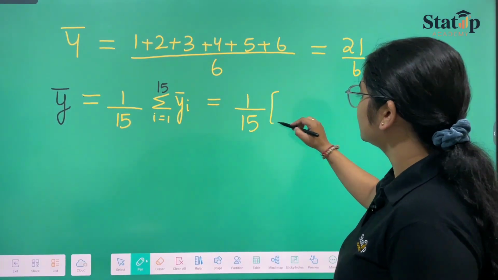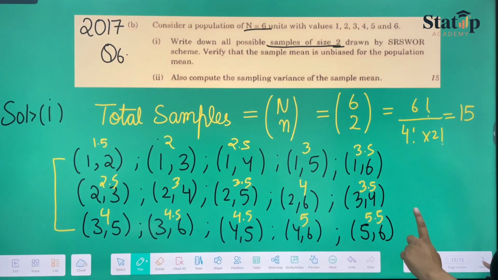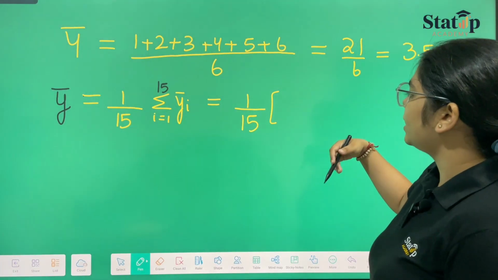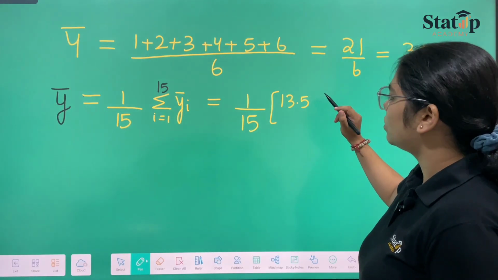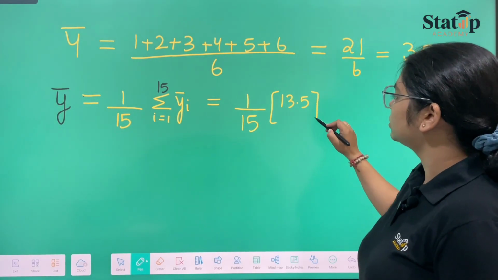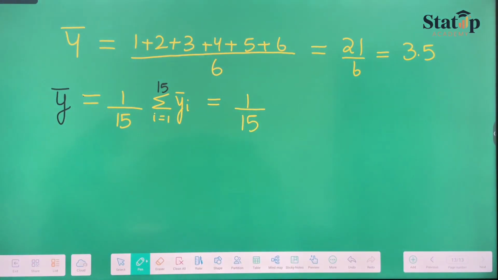So it will be the sum of all these values divided by 15, and that value comes out to be 3.5.